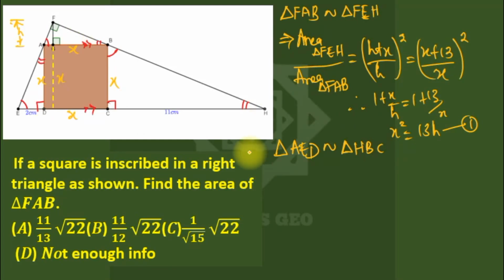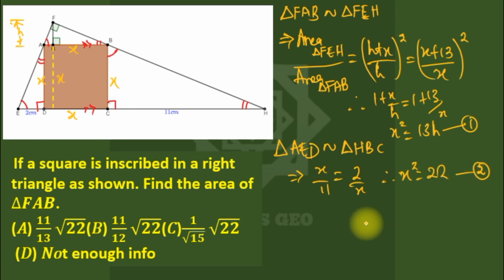So since they are similar, the ratio of their sides: x for this one corresponds to 11 in the other triangle, and 2 corresponds to x. Therefore we see that x squared is 22. Equation 2. So if we compare, we see that h will be 22 over 13.